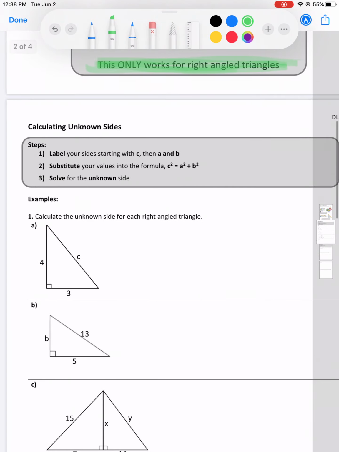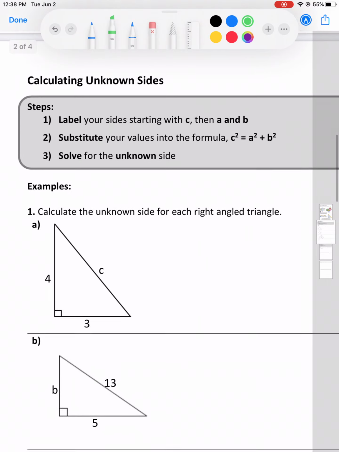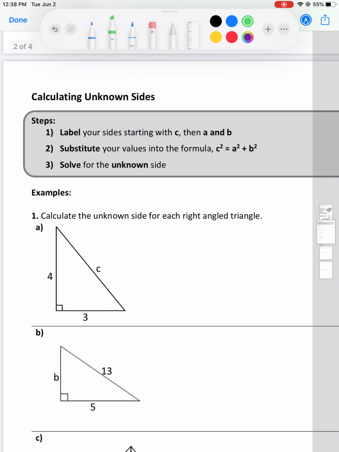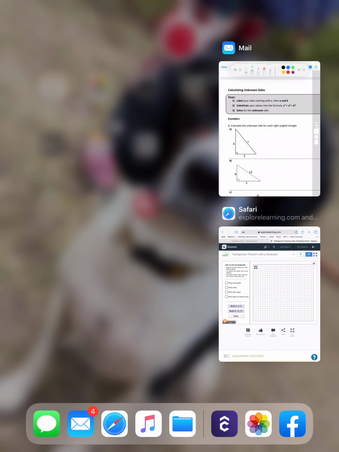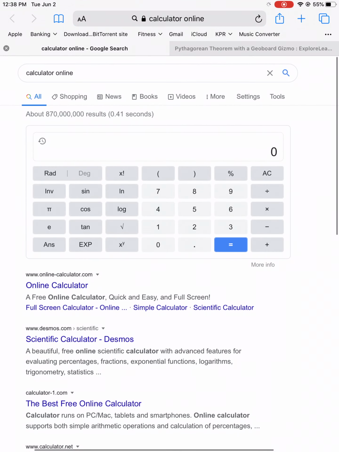Okay, label your sides. So, calculating unknown sides. What I'm also going to do is use a calculator to do these calculations so you guys can see. Now, those of you that have a scientific calculator, you can put yours in a different way.